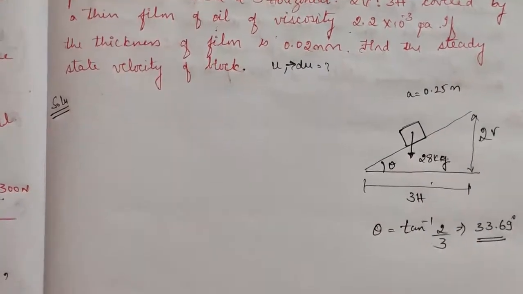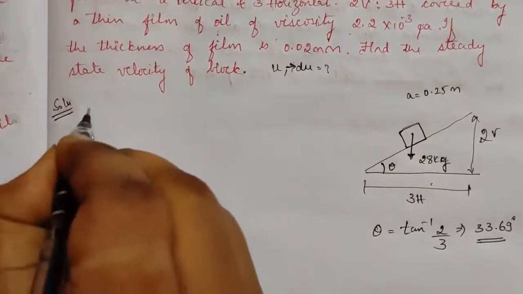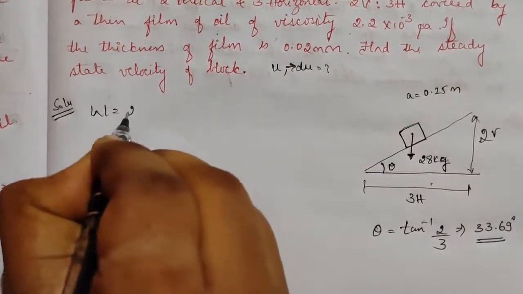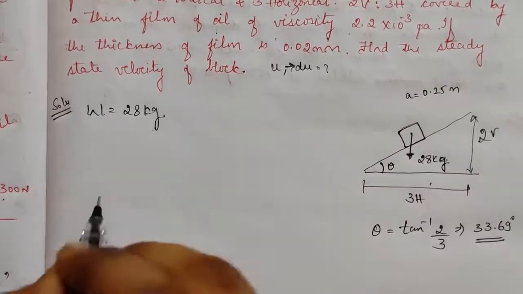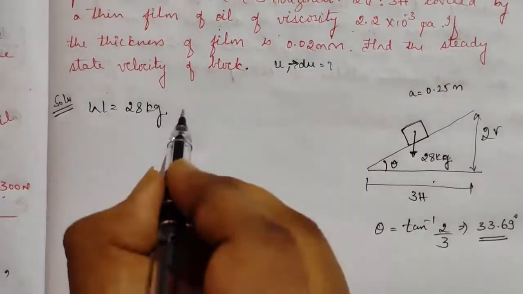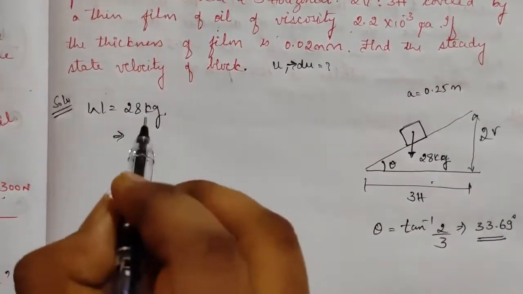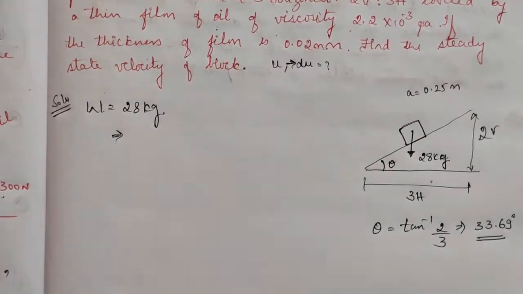Now I will take what is given, weight is given as 28 kg. Because it is given in kg, I will convert it into Newton. How to convert to Newton?